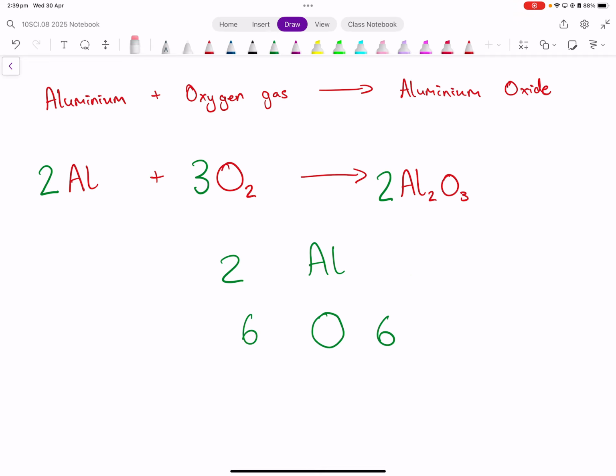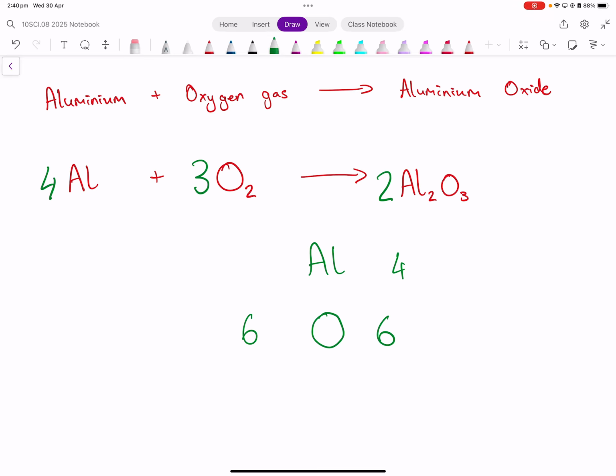But what's not sorted now is I've gone back and I've had a look at aluminium, and aluminium is now equal to 4 because of 2 times 2. So what do I need to do over on the left-hand side? How many aluminiums do I need? 4. Change it to 4. So I erase it and I write a big 4.